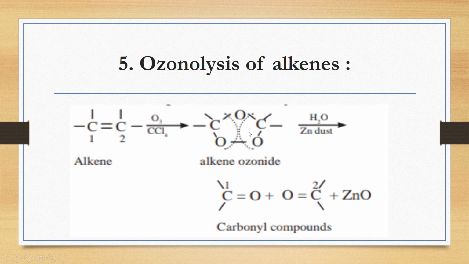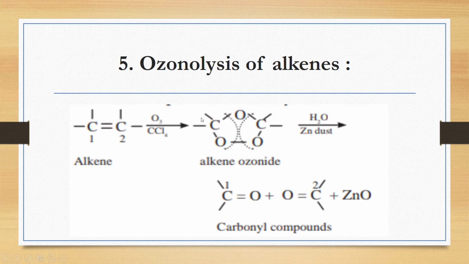Now come to the second step of the reaction, where water and a reducing agent like zinc dust are treated with alkene ozonide. The bonds will break as shown by the dotted lines over here. This oxygen will get separated out, which will combine with zinc to form zinc oxide.